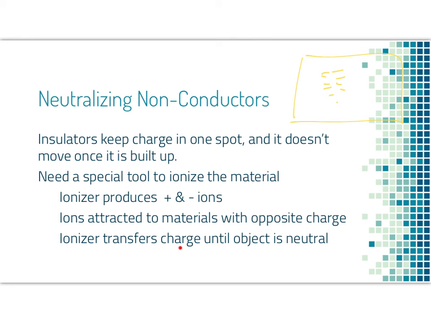The ionizer will transfer charge, or positive in this case, until the object is neutral, and then none of those charges will continue to transfer. So it's just a fancy tool that helps to neutralize a specific area of our insulators.